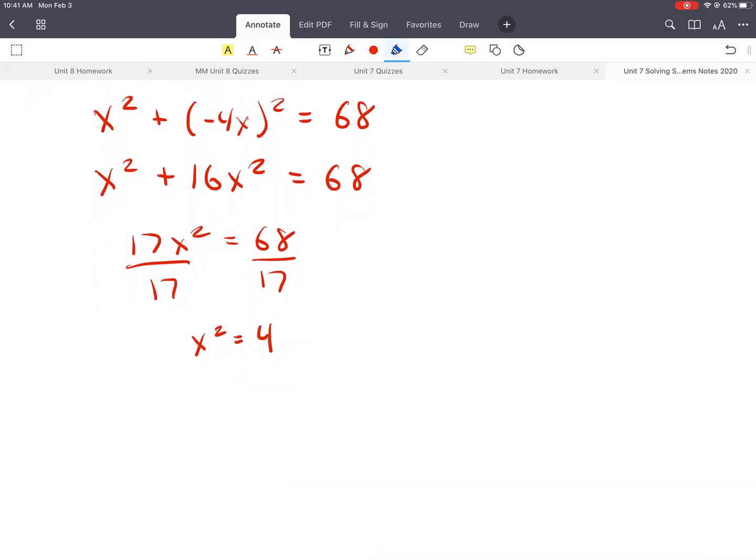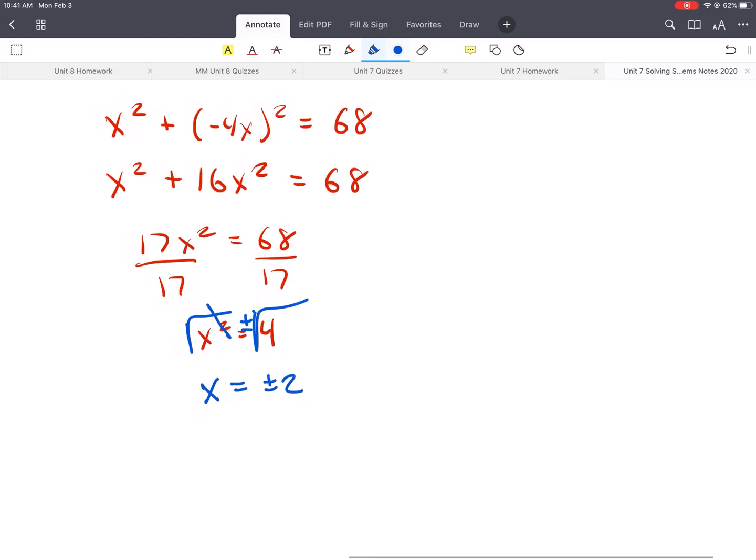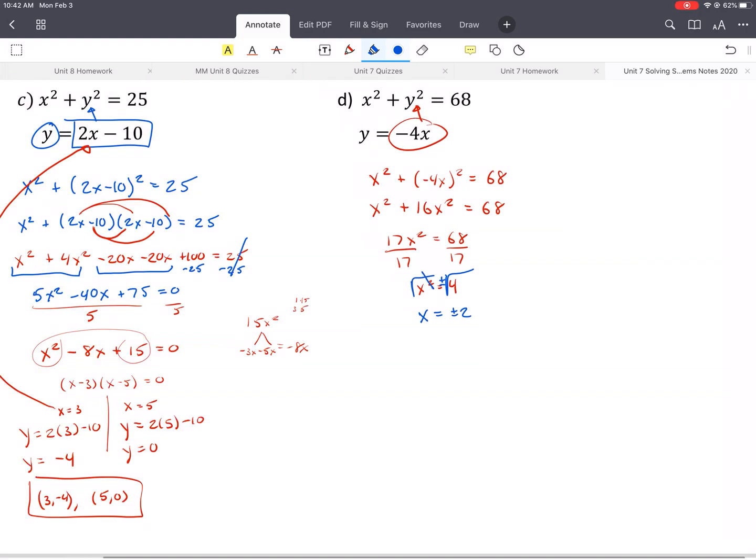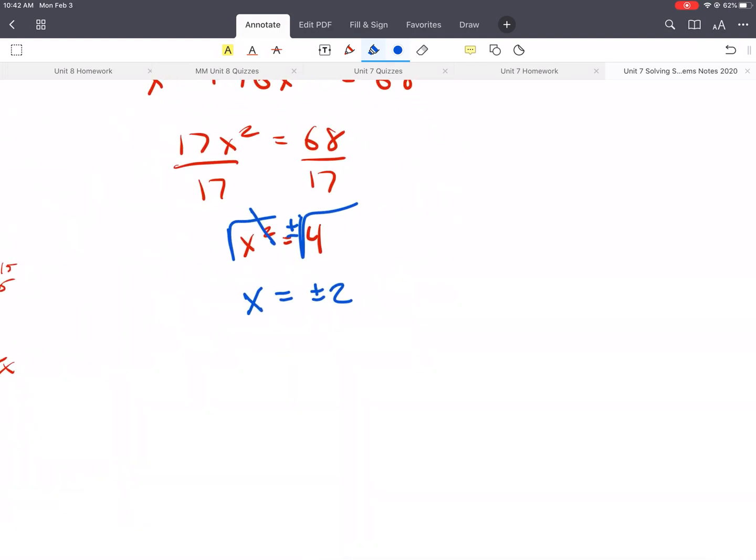And then we need to square root both sides. And again, when we square root both sides, we need to make sure we do a plus or minus. So we'll end up getting x is equal to plus or minus 2. Or perhaps the way I usually write them down, since we have two solutions, would say x is 2 and x is negative 2.